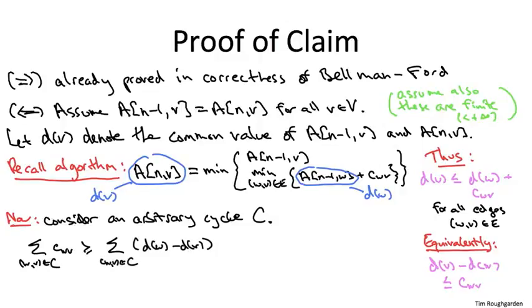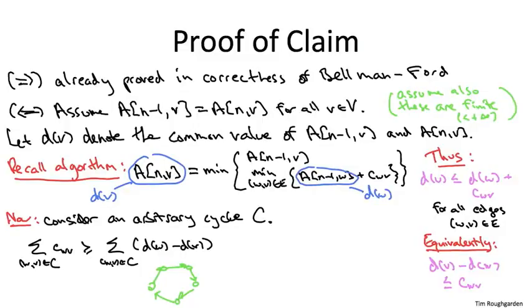Notice that for a given arc w, v on the cycle, the tail of this arc w, its d value appears with a coefficient of +1, and the d value of the head of this arc v appears with a coefficient of -1. But cycles, of course, have the very special property that every vertex of the cycle appears exactly once as the tail of some arc and exactly once as the head of some arc.